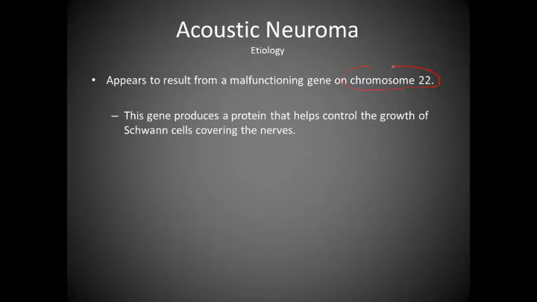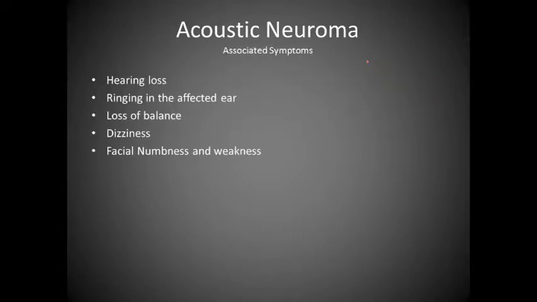It appears to result from a malfunctioning gene on chromosome 22, so keep this in mind. Appears to come from chromosome 22. This gene produces a protein that helps control the growth of Schwann cells covering the nerves. So it's an abnormality in the covering of the nerves, or the Schwann cells.